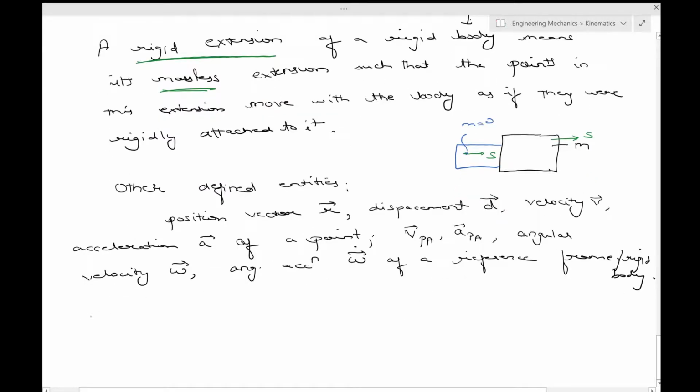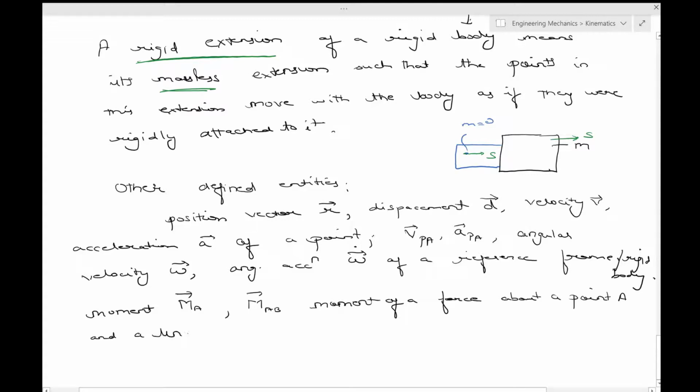Then you have the moment. You can also have MAB, which is the moment of a force about point A, okay.